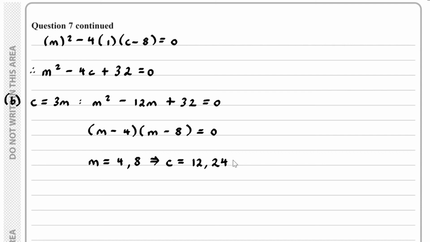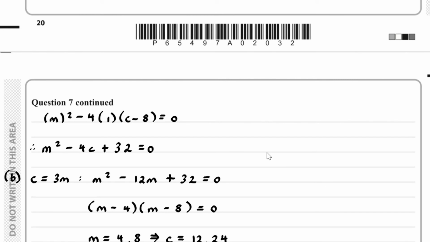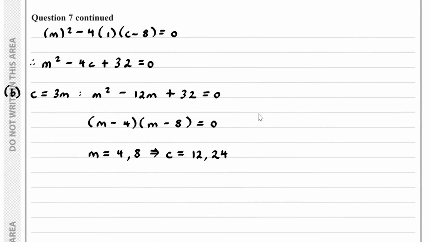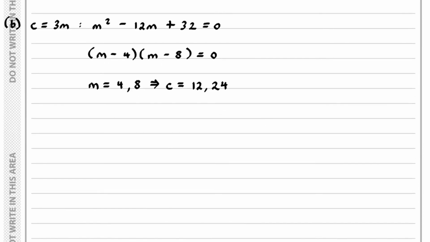Now, if I have the m equals 8 and the c equals 24 into this equation, let's see what happens. So let's just write this down. If I have m equals 8 and c equals 24, I have 8 minus x squared equals 8x plus 24.